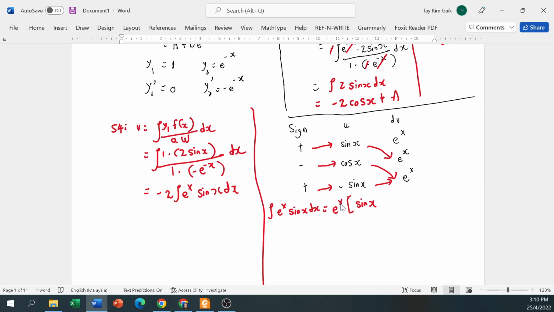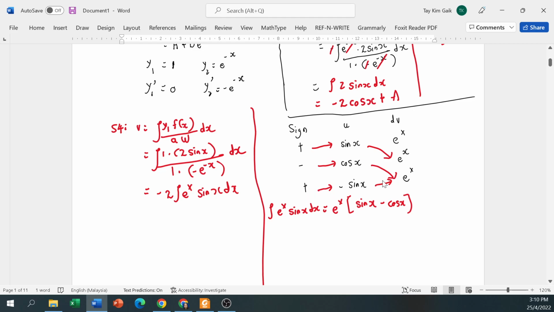So I factor out e^x, and I have a negative cos x. The horizontal is actually v du, like in your integration by parts. The tabular method comes from integration by parts, but it's a systematic way, because with integration by parts you have to do it several times.